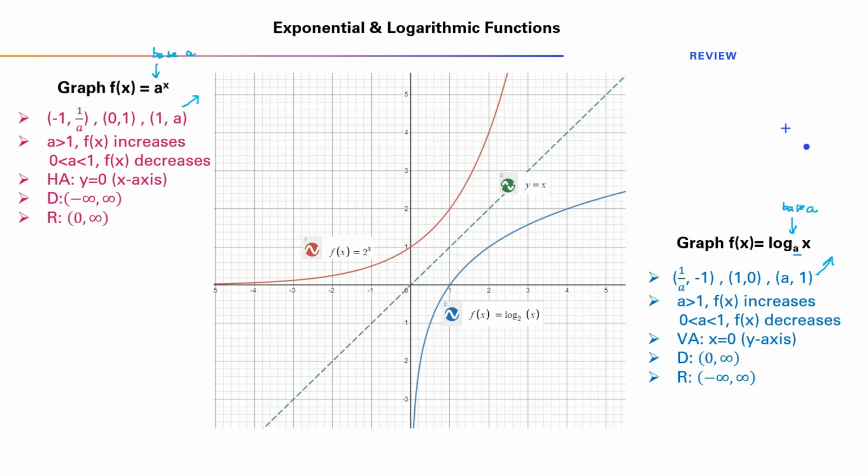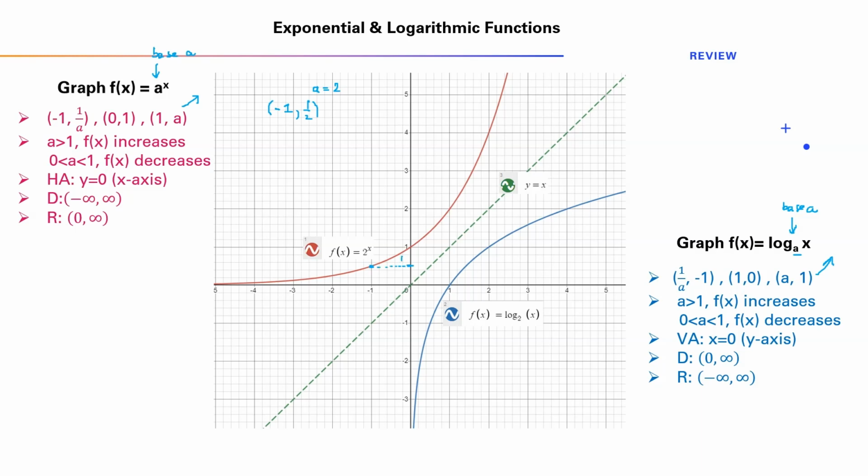And then the graph f of x equals log base a of x. So we have the point -1, 1 over a. In this example, we have a equal 2. So we will have the point -1, comma 1 over 2. Find that point, -1 here.